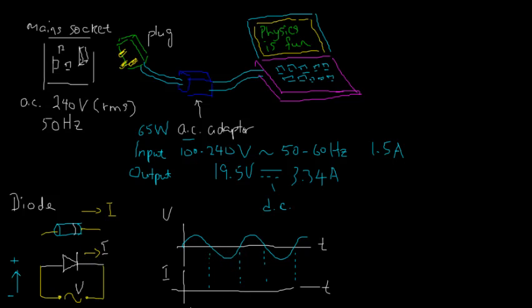So therefore, if I plot the current graph, when the voltage is one way, the current would flow. Let me use a different color, maybe a yellow color. There, current will flow. Now, when the voltage reverses direction and tries to push the current the other way, the current gets stuck, it can't flow.